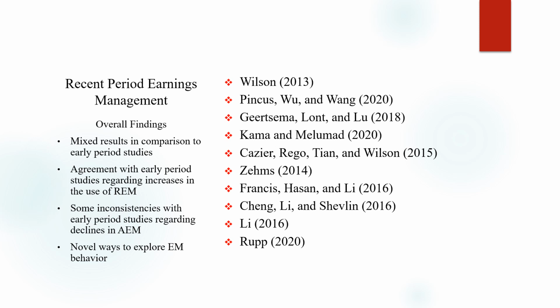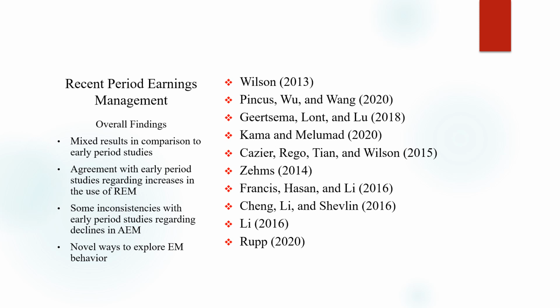Well, there's a working paper right now in 2020 by Pincus, Wu, and Wang, which does that very same thing again, looking at the pre-post Sarbanes-Oxley time period and trying to replicate what was done in Cohen, Dey, and Lys.